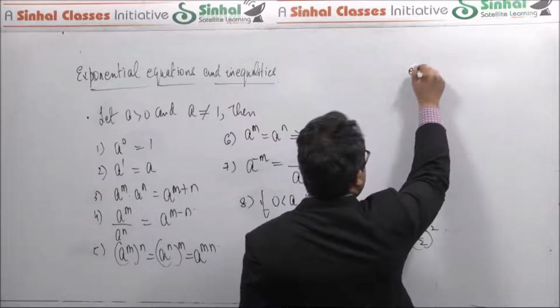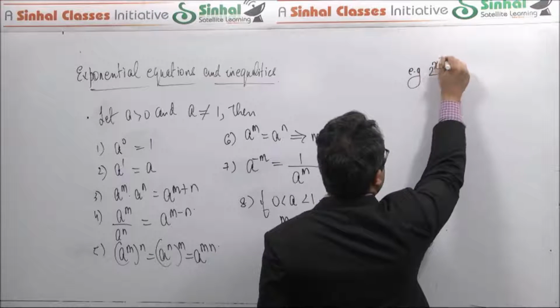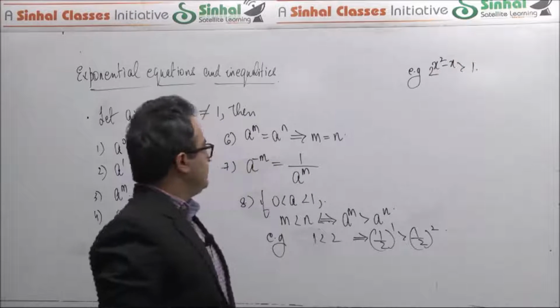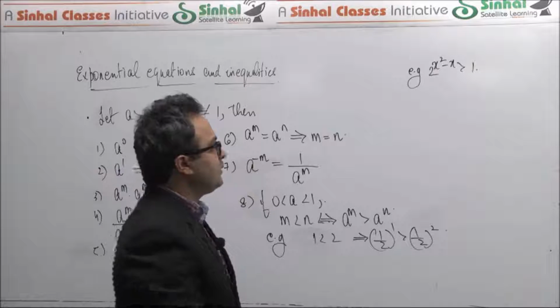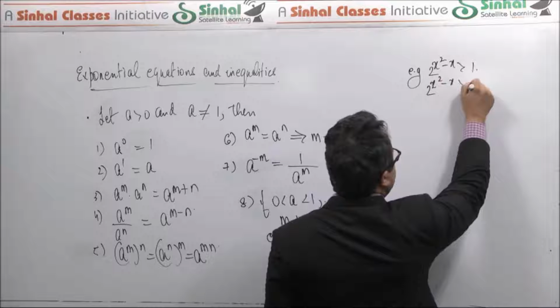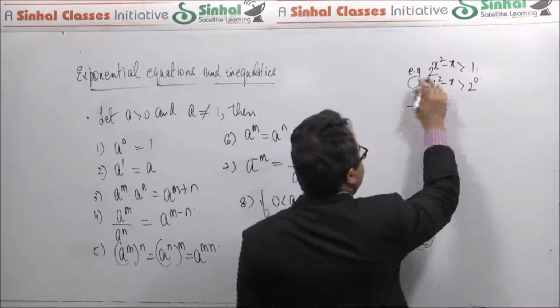As an example, if I have 2 raised to x square minus x is greater than 1, and I want to solve this inequality, I'll say that 2 raised to x square minus x is greater than 2 raised to 0. Sorry.